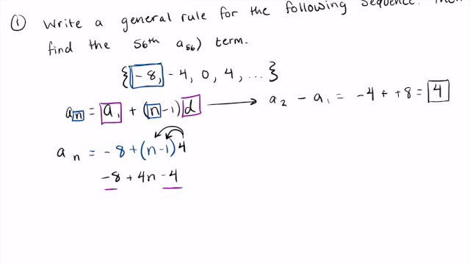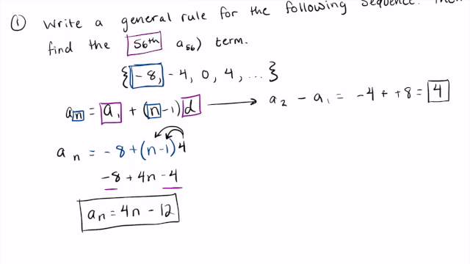Negative 8 plus negative 4 gives me a sub n equals 4n minus 12. Now I have what's called my general formula, and I can use this general formula to find any specific term.